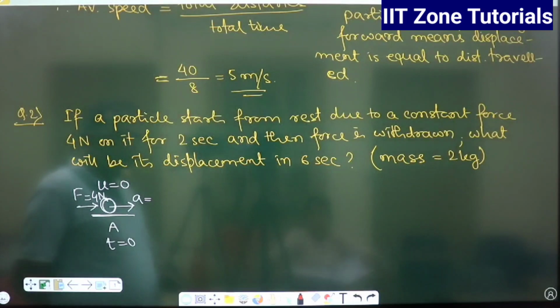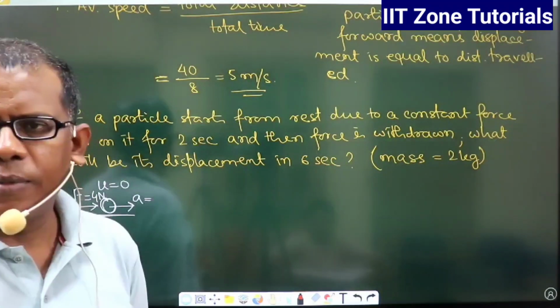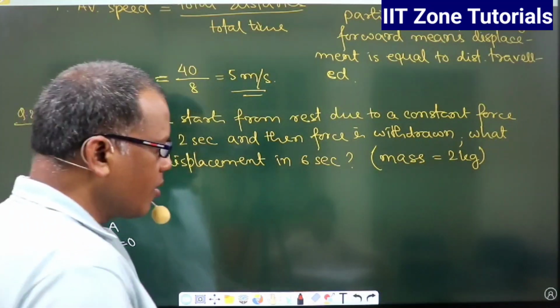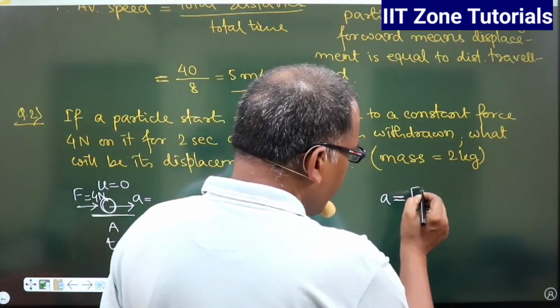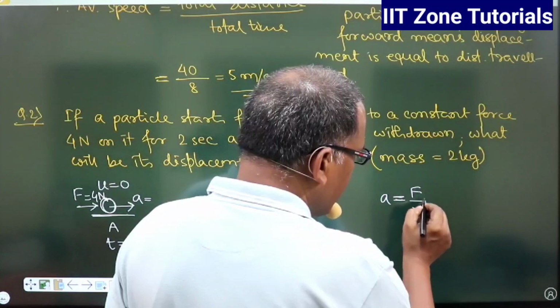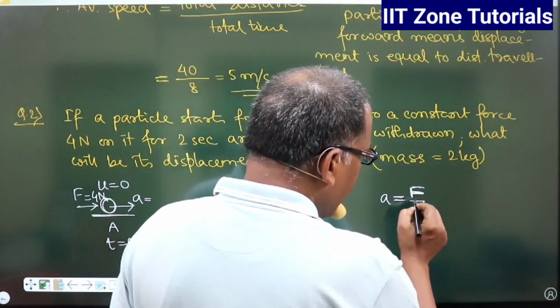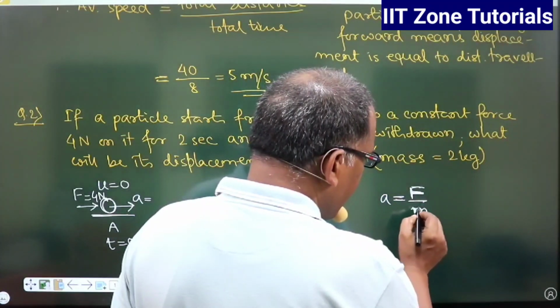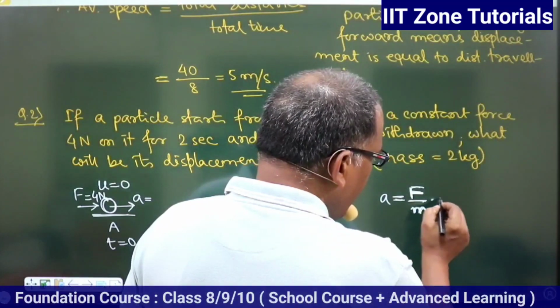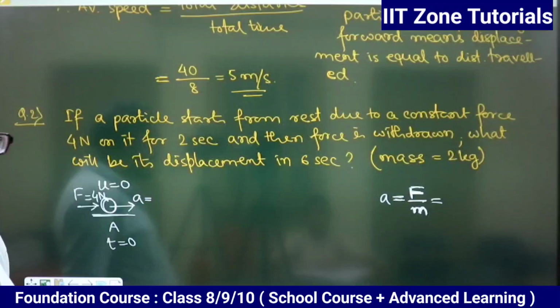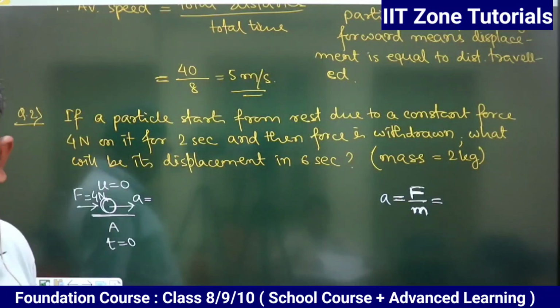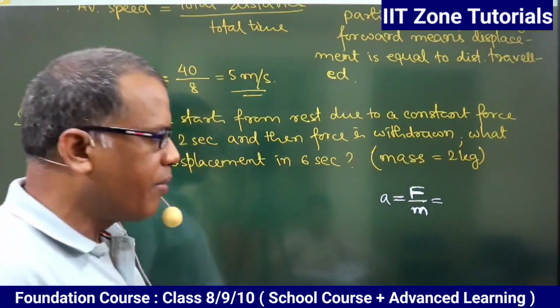How do we calculate the acceleration produced on a mass? Once the force is known, you can calculate the acceleration by dividing the force by the mass. F equals ma, or in other words, a can be written as F by m.